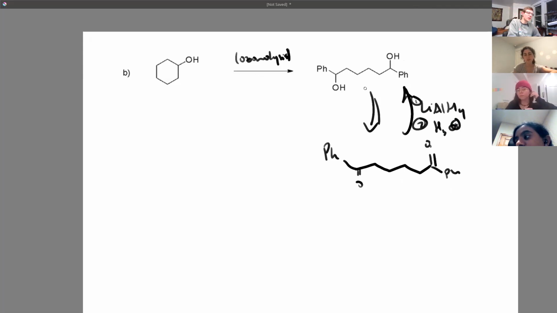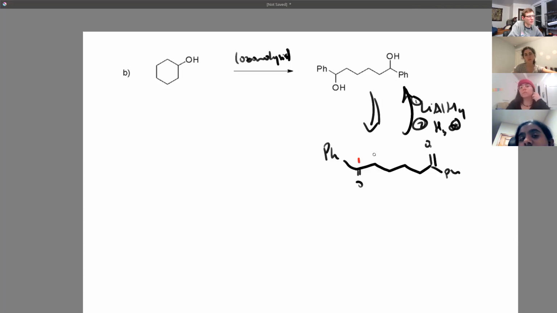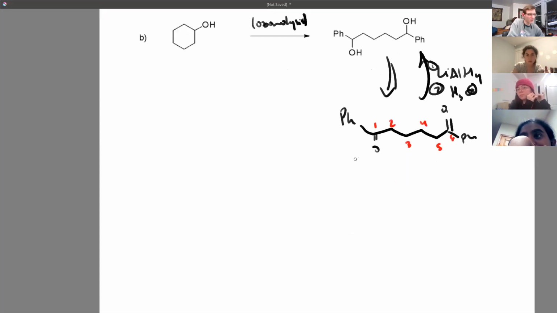Okay. Anyway, now we're here, and you might be able to see now where this came from. If I want to draw this a bit more suggestively, we could count carbons, because this is a real area to screw up. There's 6 carbons here, so that means this had to have come from a 6-carbon ring.